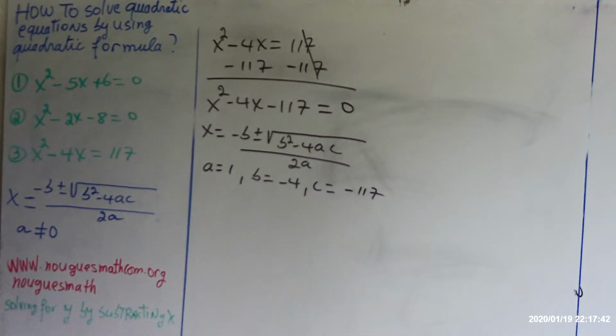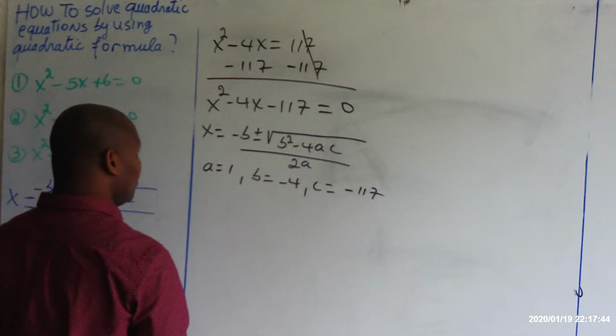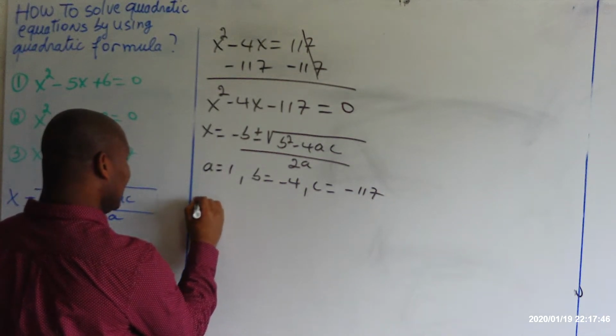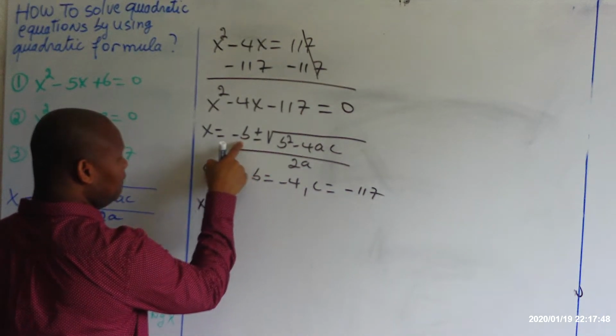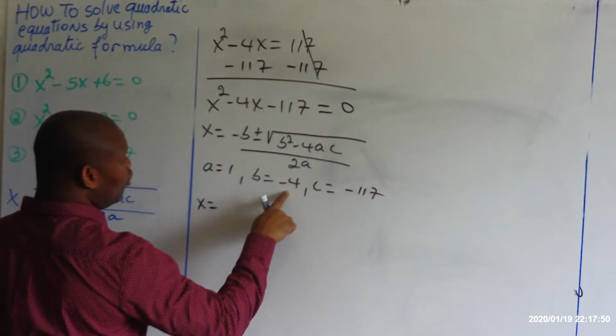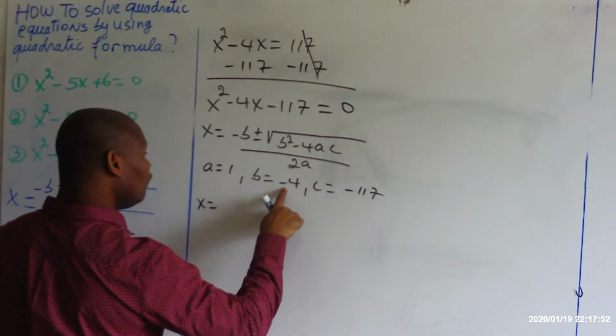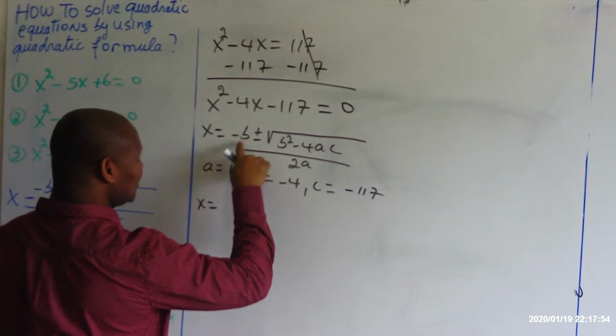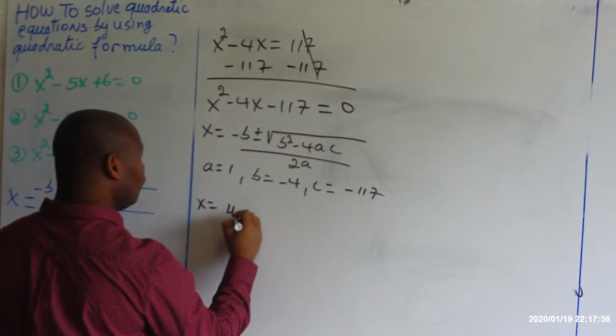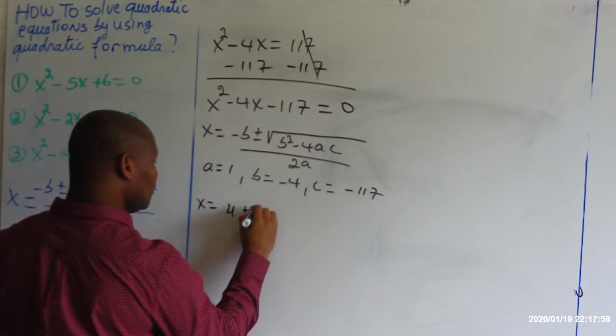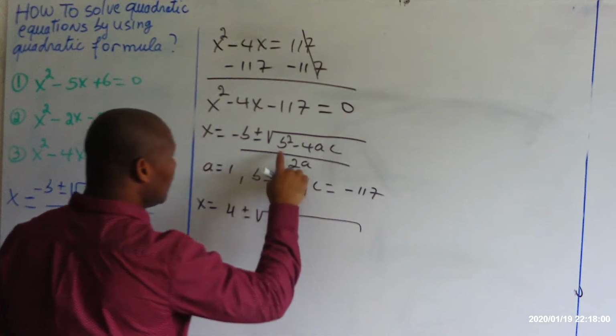Alright, we're going to plug the numbers inside the formula, okay? So you will have x equal negative b, which is going to be 4 because we already have negative 4. Right here it's going to be positive 4, positive 4 plus or minus the square root of b squared.